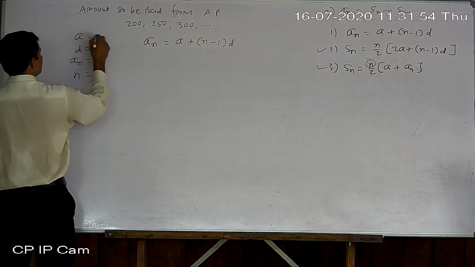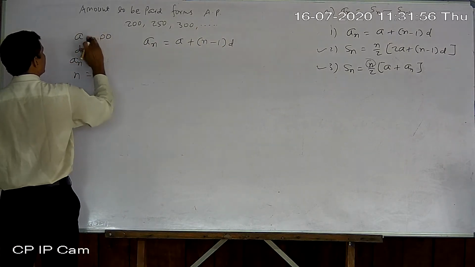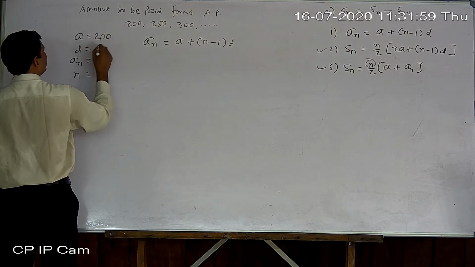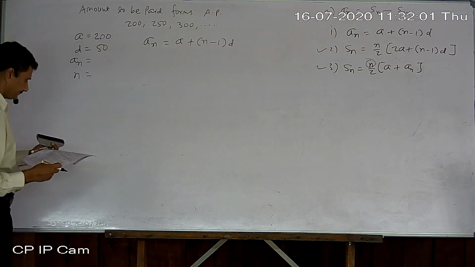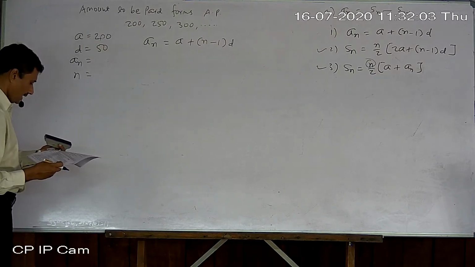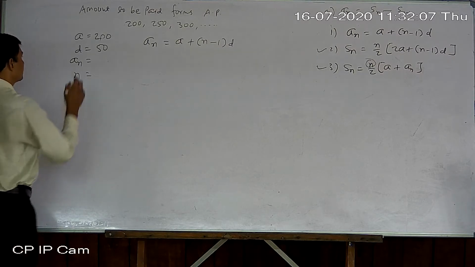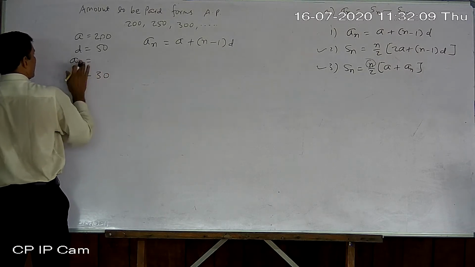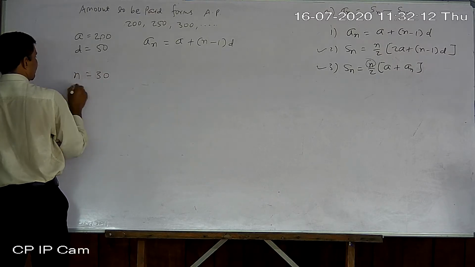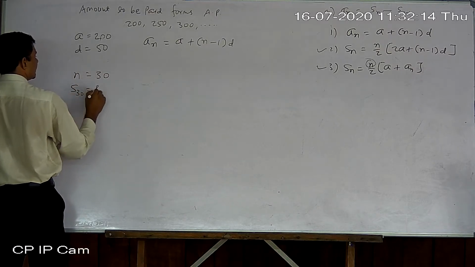So can we say A is 200, D is 50, and how many days he delayed work? 30 days. So N equals 30, and we have to find Sn, S30.